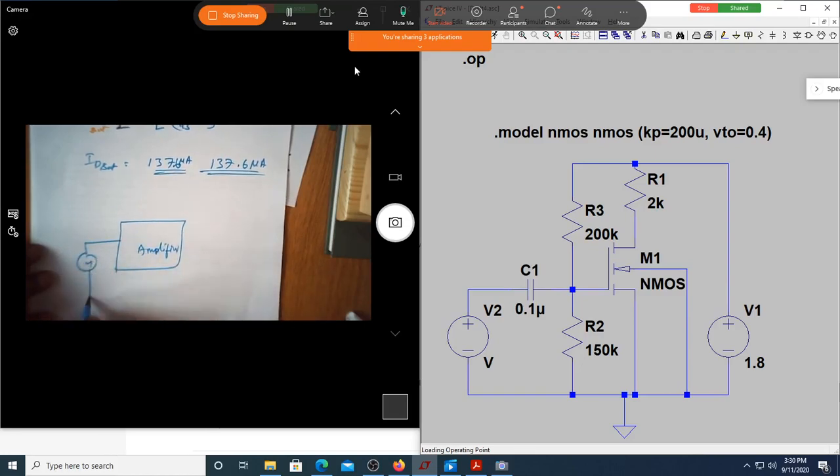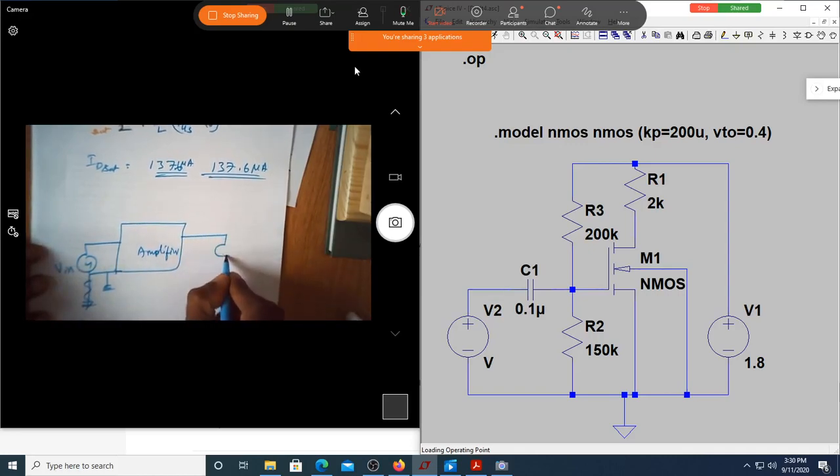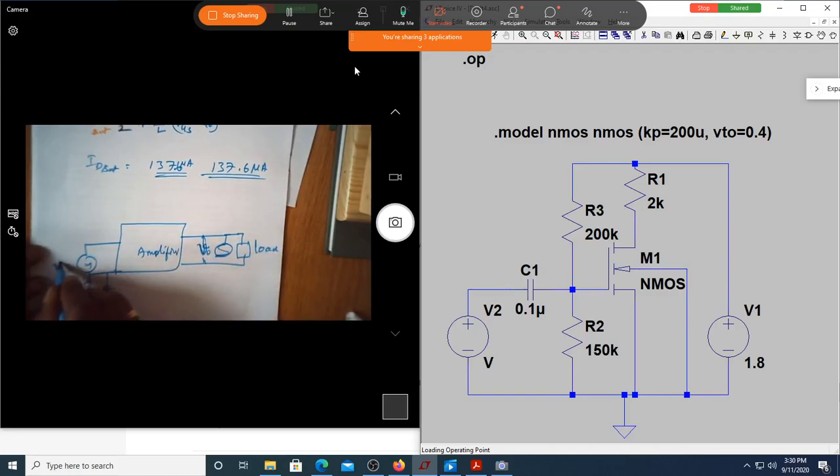I have an input voltage, V in. There is a load. This is V naught. Let me write this as small v in, small v naught.